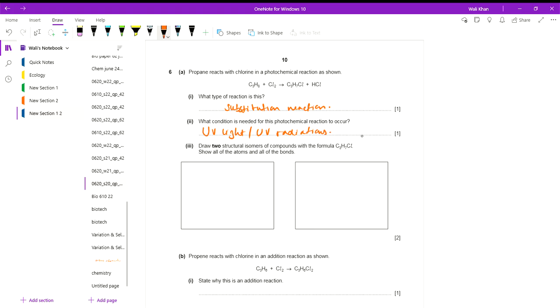Draw two structural isomers of the compound with the formula C3H7Cl. Show all of the atoms and all of the bonds. C3 तो सिंपल सबसे पहले कार्बन के 3 बॉन्ड को शो कर दें.